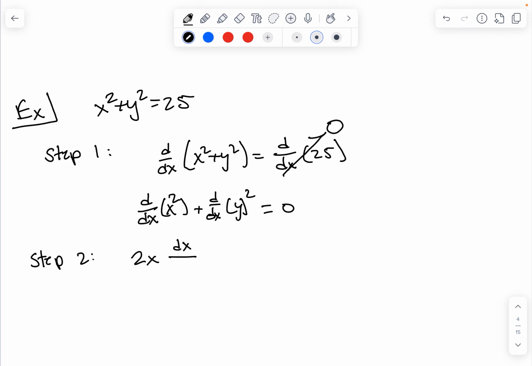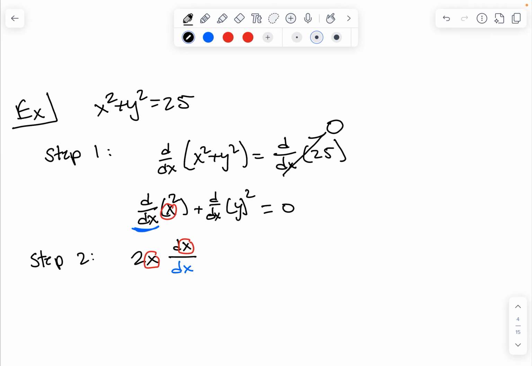And then the denominator is what the derivative was with respect to. We took the derivative with respect to x, so d dx comes to the denominator. And this x was because this variable x is what we took the derivative of.